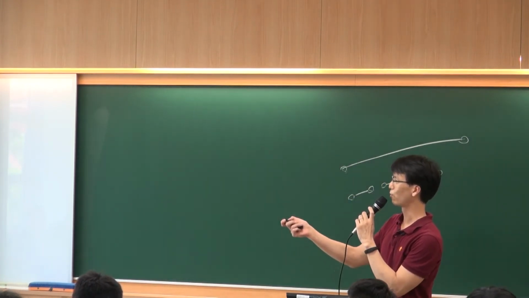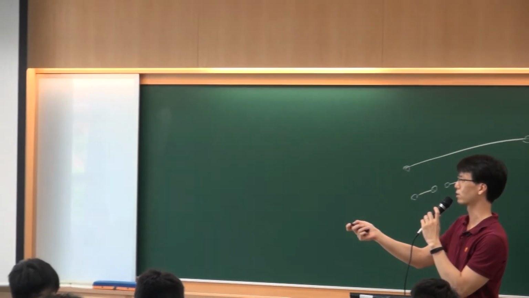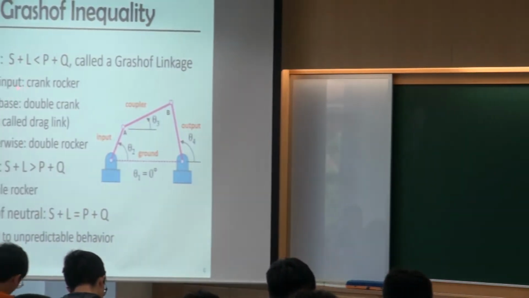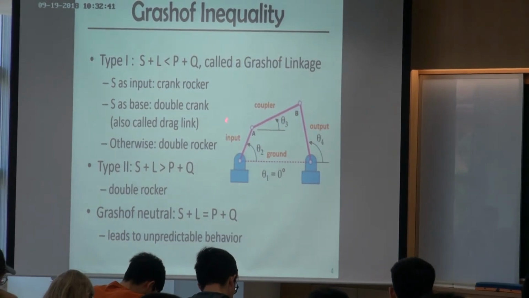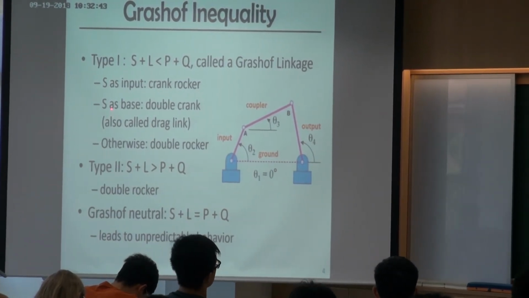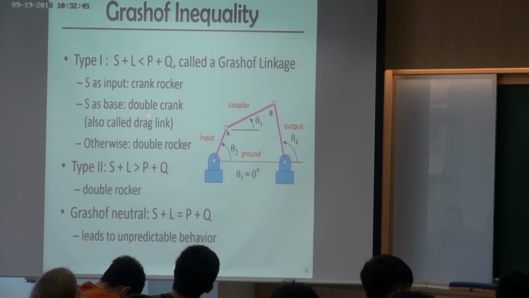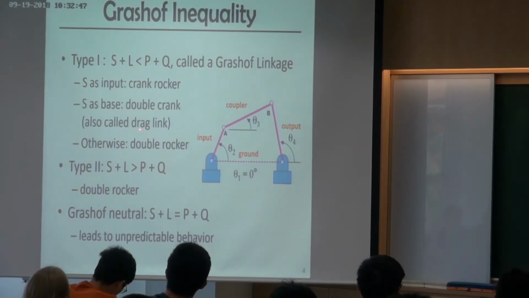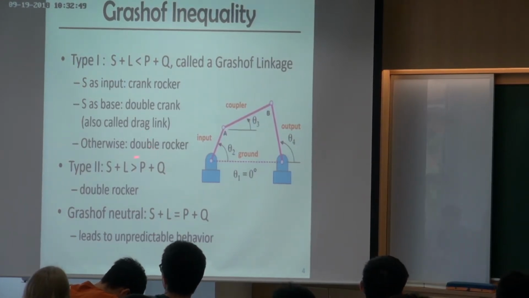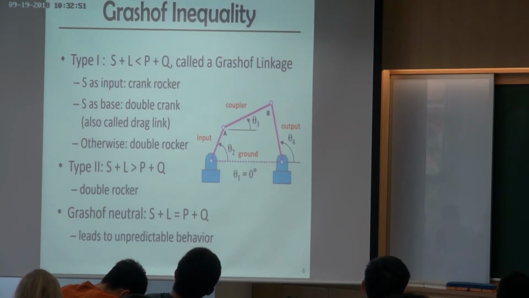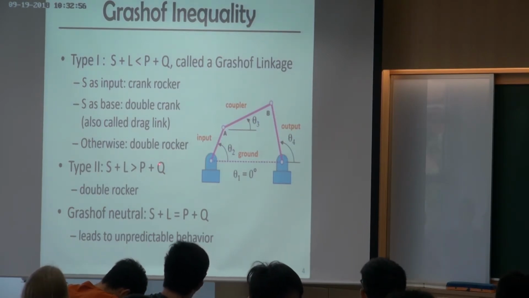So for type 1, we have 3 subcategories. If we use the shortest one as input, it works like a crank rocker. Use the shortest one as a base, it works like a double crank, also called a drag link. And any other case belongs to the double rocker. And there's another inequality.